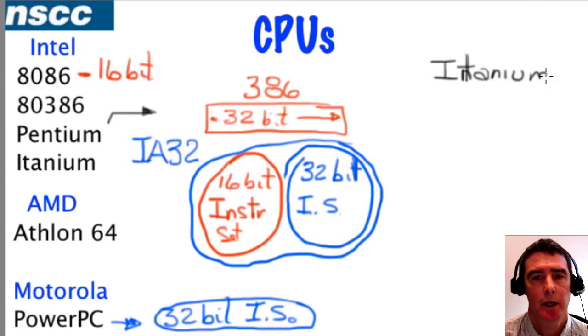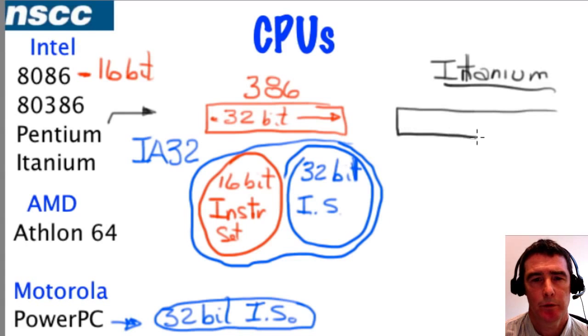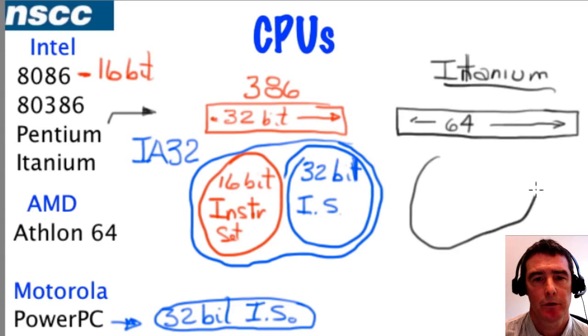And they thought the Itanium was going to become their next greatest CPU, and it was designed for servers and high-end workstations. And it started by having 64-bit registers and a whole new instruction set, which they called a 64-bit instruction set, or Itanium instruction set.